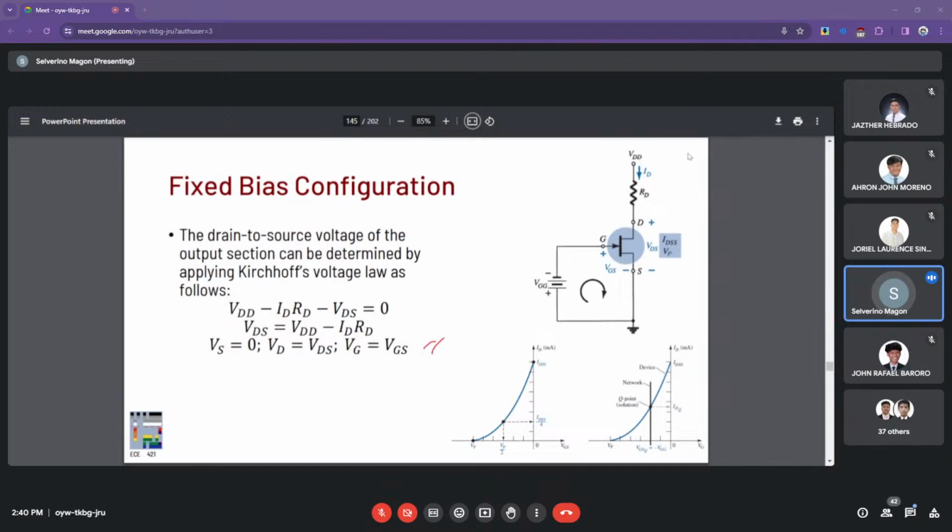Performing KVL in this loop, we have the following: VDD minus IDRD, and the drain to source voltage, again, that's across the transistor. Rearranging, since we want to solve for the VDS. Since this is the common source configuration, this is directly connected to the output.